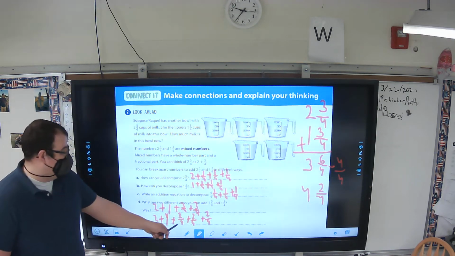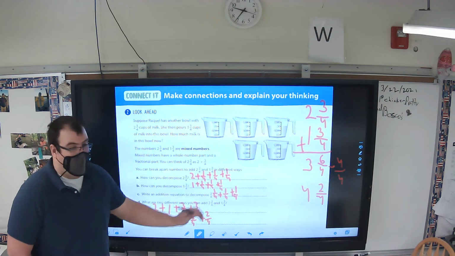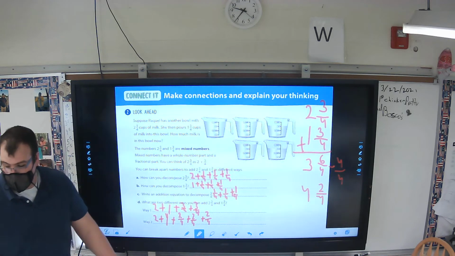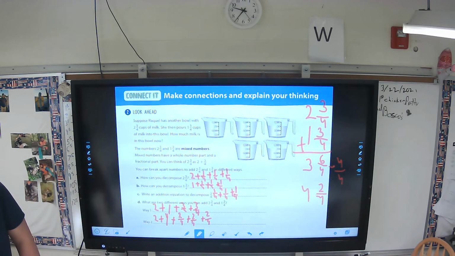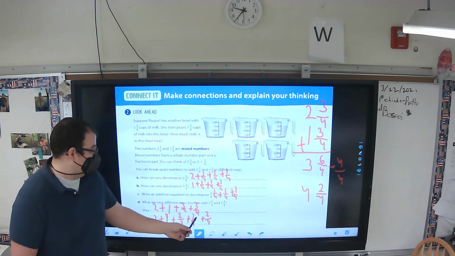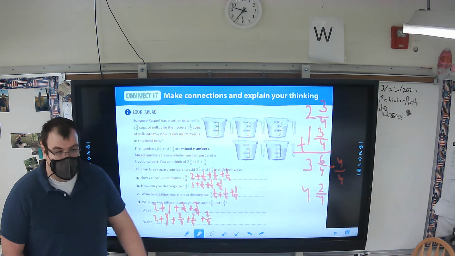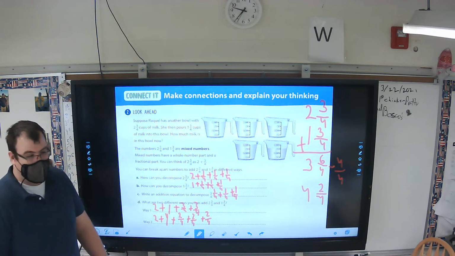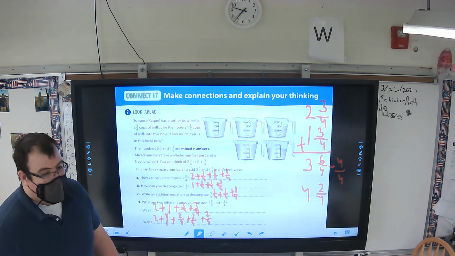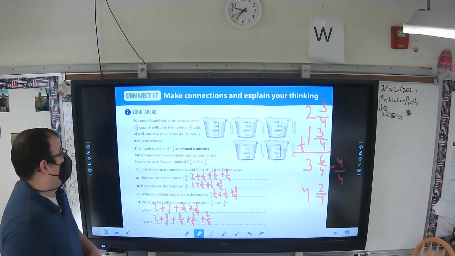Does 2/4 plus 2/4 plus 2/4 add up to 6 fourths? Yeah, because 2 plus 2 plus 2 is 6. There's 6/4. Does that work? There's lots of different ways you can do it, right? You've got to break it apart to add the fractions.